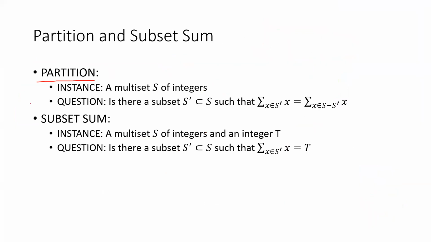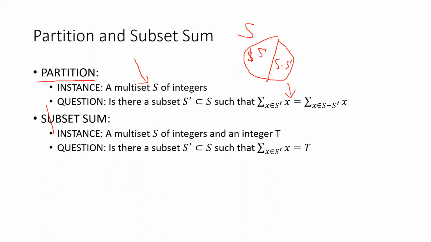So our last problem is about partition and subset sum. For the partition problem, you're given a multi-set S of integers, and you want to know whether you can partition it into two sets. One is S prime, one is S minus S prime, and the sums of both sets are equal.